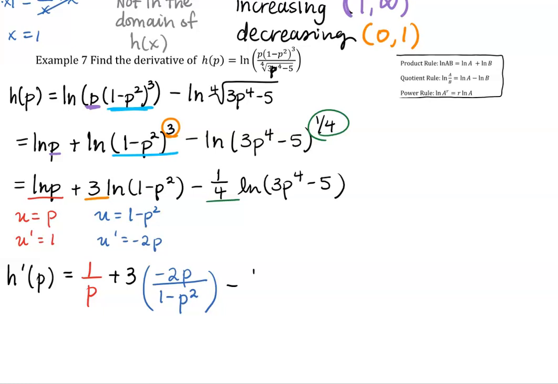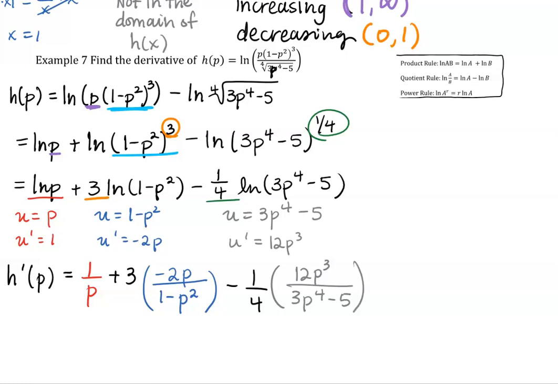For the last logarithm, I'll go ahead and bring down the coefficient of 1/4. Here, u is everything on the inside of natural log, which is 3p to the 4th minus 5, and the derivative of that is 12p cubed. And so this derivative here is 12p cubed divided by 3p to the 4th minus 5. And I'll just leave that like that.